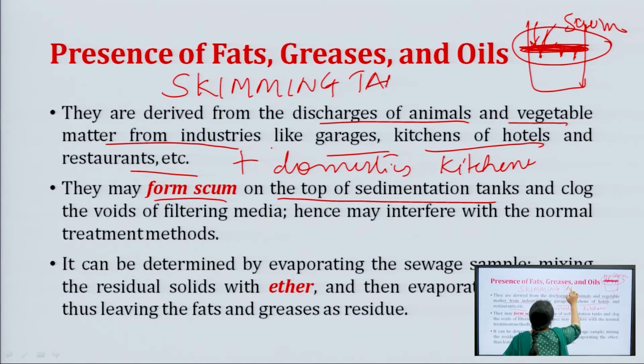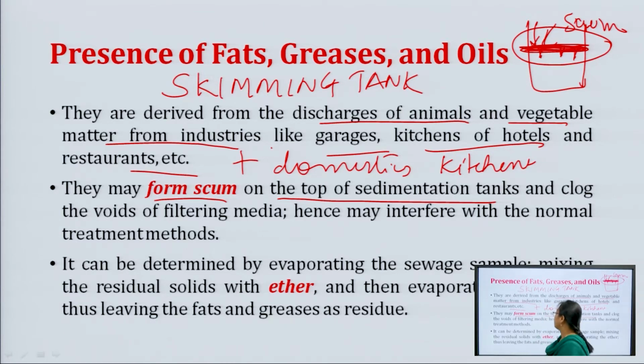In the preliminary treatment or the primary treatment, some people club it with preliminary, some people club it with primary, it does not matter, but the skimming tank is used to remove this fat, grease and oil.